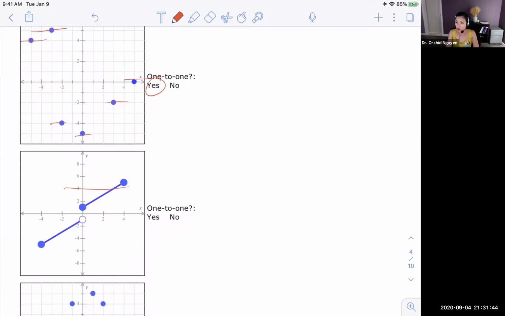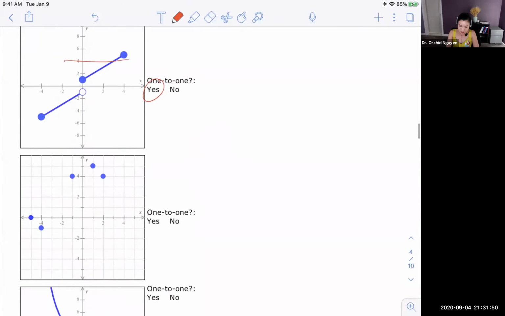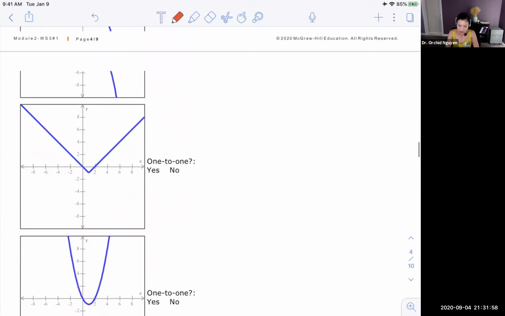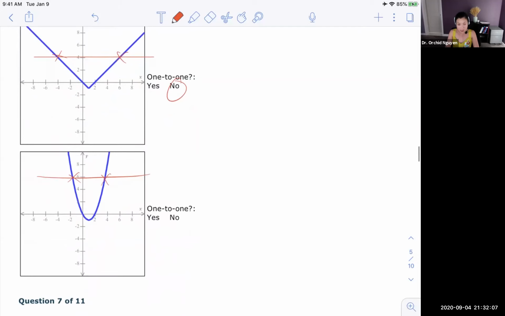Every time I draw a horizontal line, I hit exactly 1 point. So that's a yes. This one right here is going to be a problem. I hit 2 points, so no. This one, definitely a yes, right? This one, you see we hit 2 points, so it's a no. This one, same thing. So yes, it's a function, but it's not a one-to-one function.